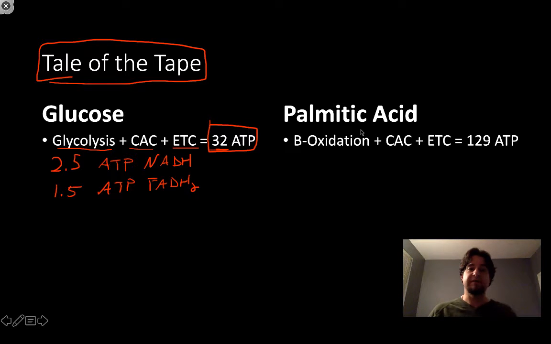Taking that same process in mind, through the process of beta oxidation, the citric acid cycle from palmitic acid, and the electron transport chain from palmitic acid, 1 molecule of palmitic acid, if it was completely oxidized from point A to point B, would result in 129 molecules of ATP.